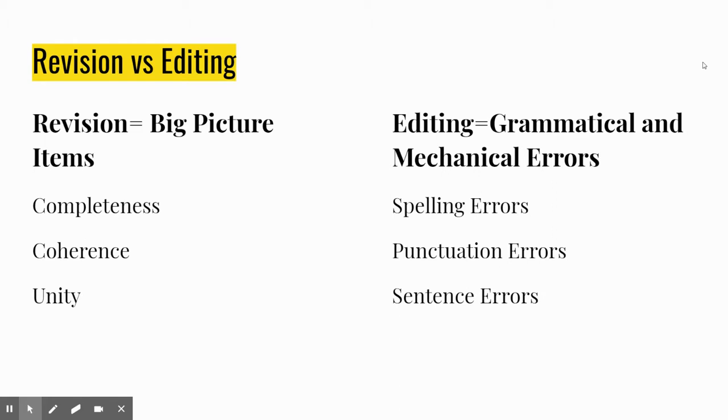Do I have everything I need in this document and nothing more? I think if you go to the editing, it's, are these the little errors? Are these the things that are going to cause death by 1,000 paper cuts? And I think too often we spend way too much time on the editing and not enough time on the revising.